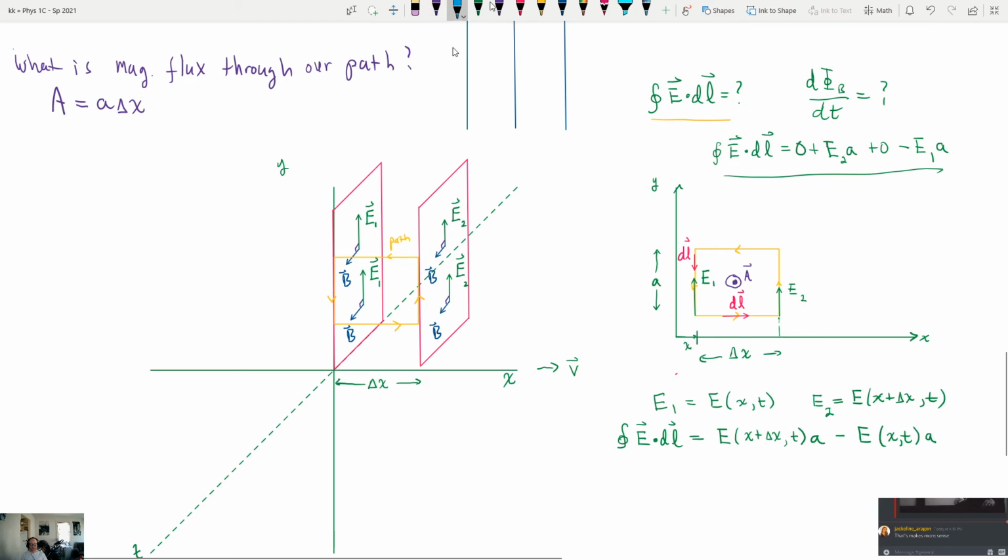So let's just say that the size of my box, delta x, let's assume that it's kind of small, and that we can basically say that over the path that we're taking, if the delta x is small enough, let's say that we just take the average value of B, okay? We just average the value for the magnetic field in this location, and we just call that B. So we're going to use just B to represent the average value over the path.